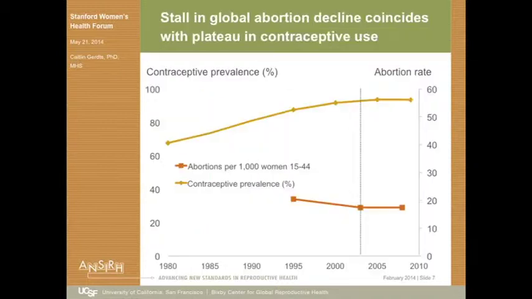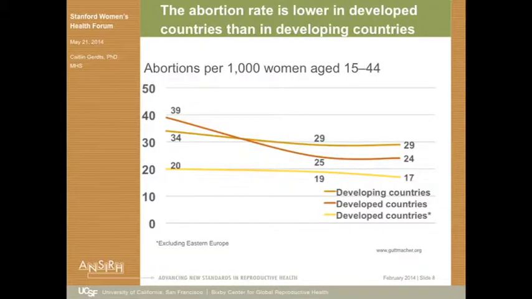And what we see is that the stall in the decline of the abortion rate has coincided with a plateau in contraceptive use globally. There are many factors that contribute to this. Some of them are policies directly relevant to the United States government, not promoting contraception, promoting abstinence-only education in developing countries.